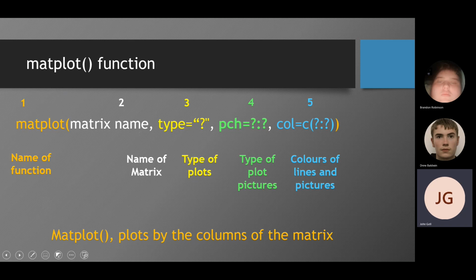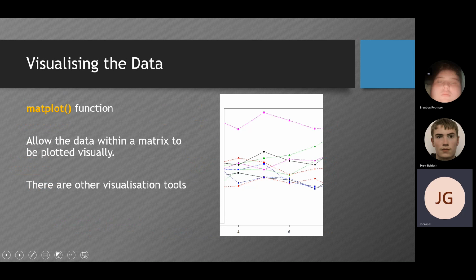I'm going to go back slightly. What do you notice about that one? Different colors, different shapes. I know it's particularly small, but why does that make it easier to read? Does it show a trend? It does show trends, yes, because we've got the different arrows and different lines.